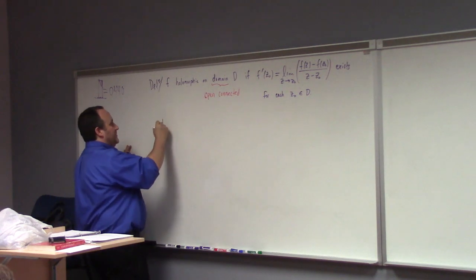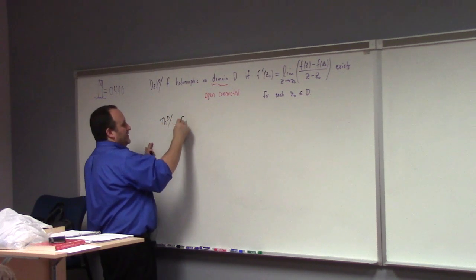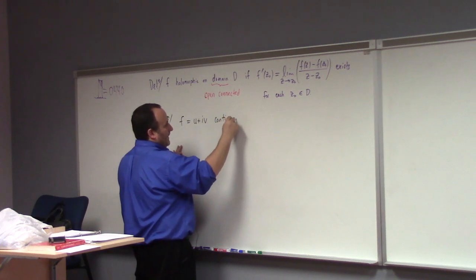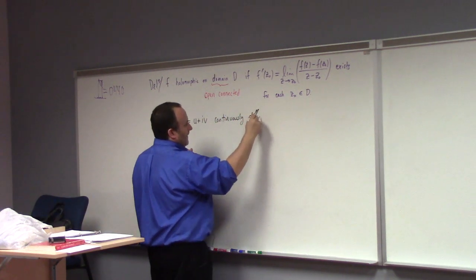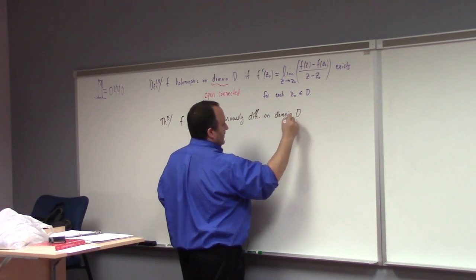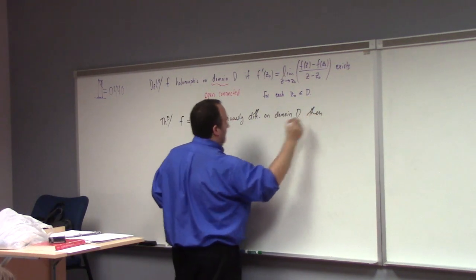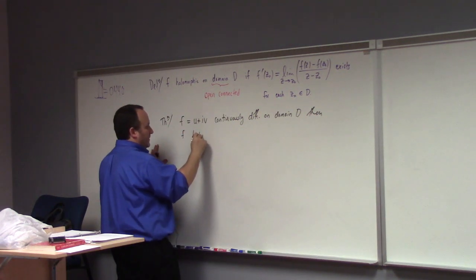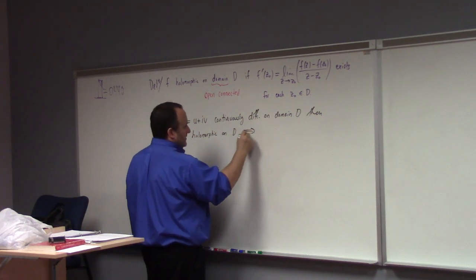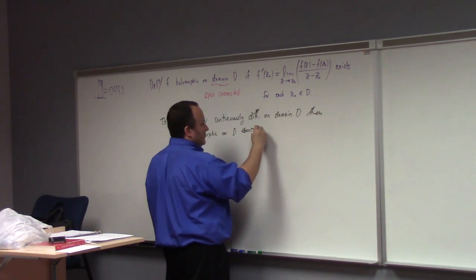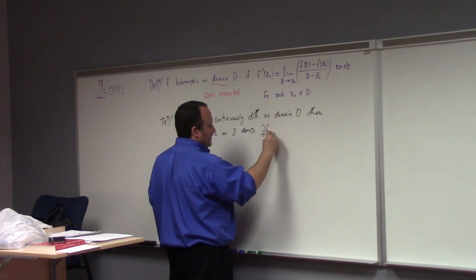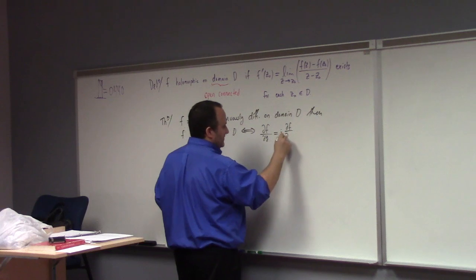But we had a theorem which was beautiful, and the theorem said this. It says that f equals u plus iv, continuously differentiable on domain D. All right, then f holomorphic on D if and only if partial f partial y is equal to i times partial f partial x.